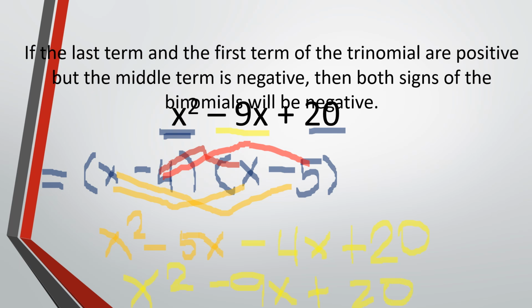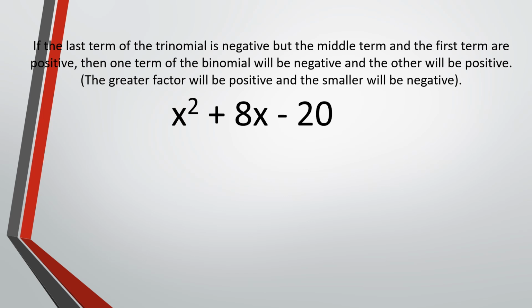Alright, now let's have another one. Okay, now if the last term of the trinomial is negative, but the middle term and the first term of the trinomial are positive, one of the terms of the binomial will be negative and the other will be positive.